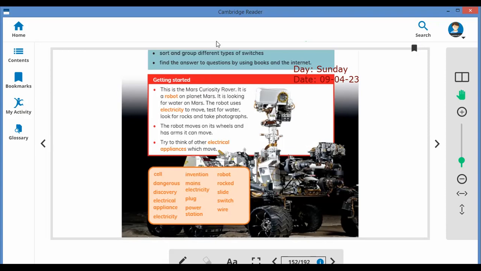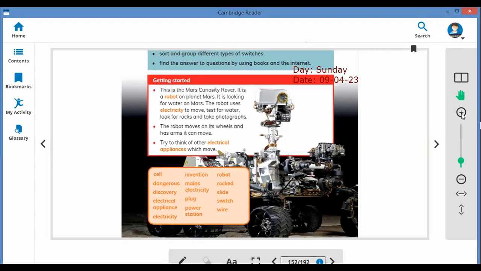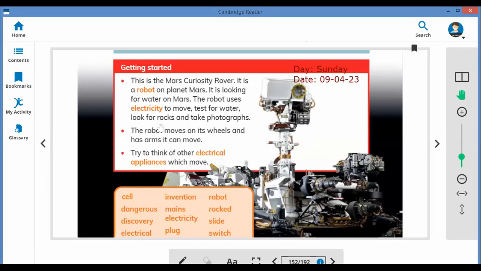It is a robot that is sent by the scientists to the planet Mars. It is looking for water on Mars, while scientists are sitting on Earth, and they are using this robot to look for water.